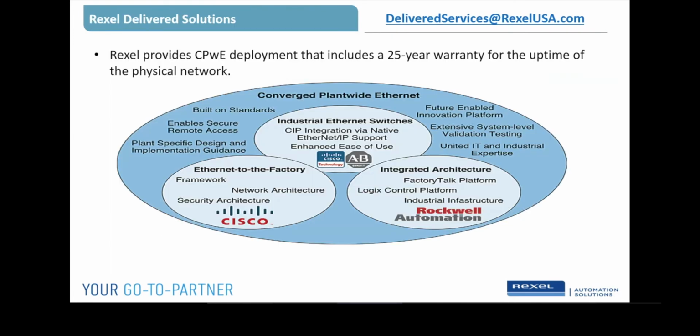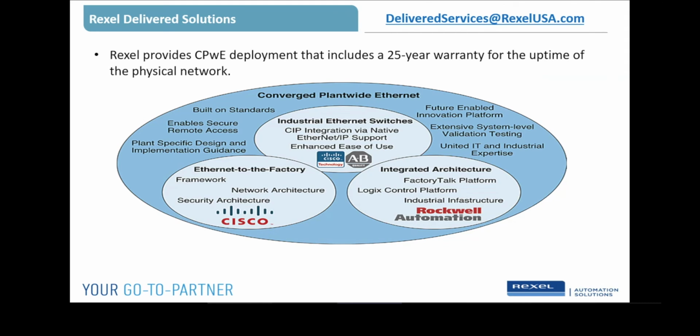If the goal is to truly deploy a documented, secure, and robust plant floor Ethernet network, Rexel takes that next step with you, and we provide a 25-year warranty for the uptime of the physical layer machine level network.